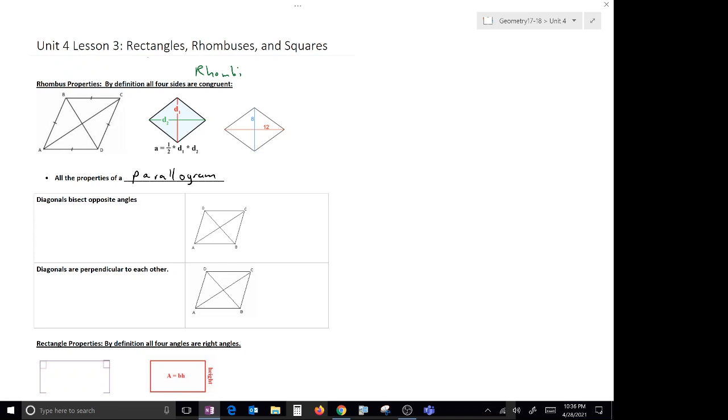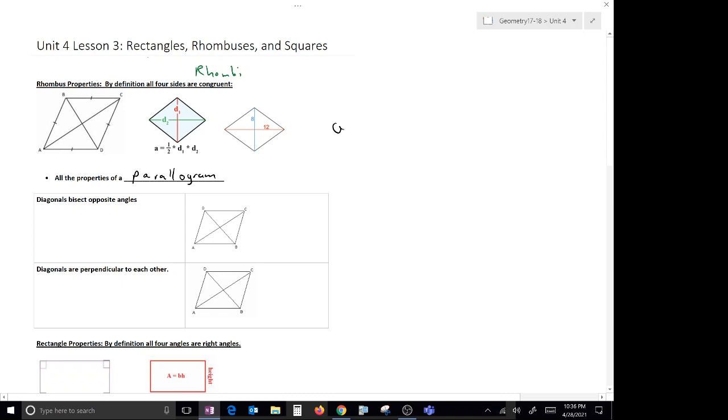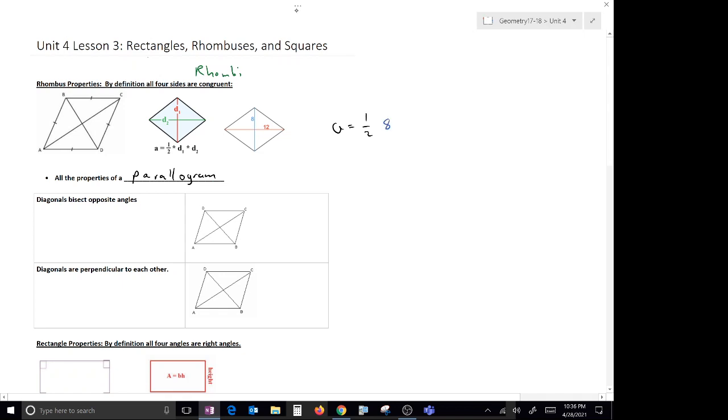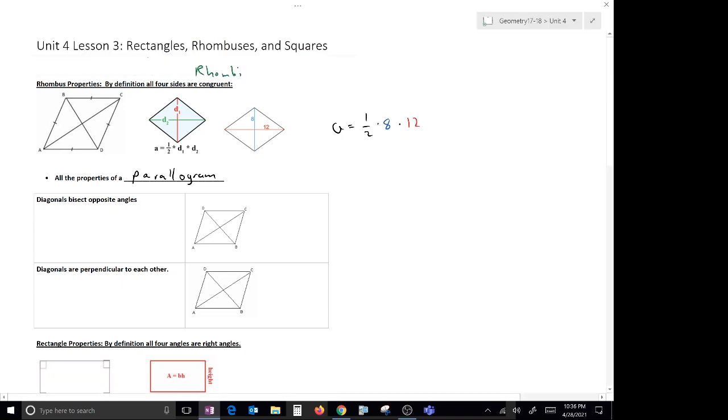The formula for the area of a rhombus is 1/2 the lengths of the diagonals multiplied together. So in this case, it would be equal to 1/2 times 8 times 12, which if I work out 1/2 of 8 is 4, times 12 is going to give us 48.